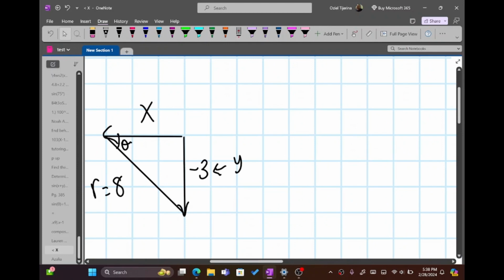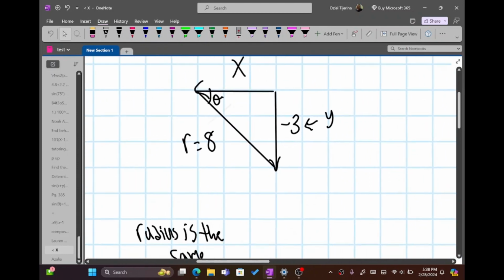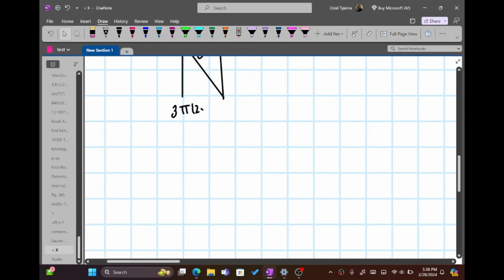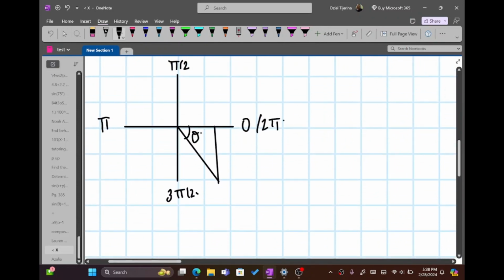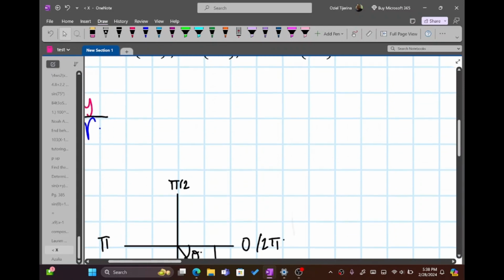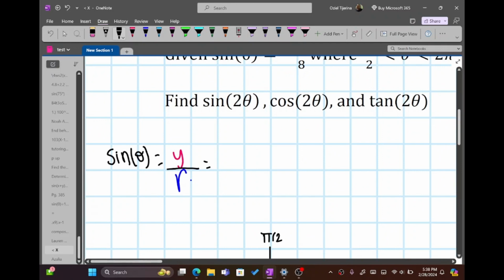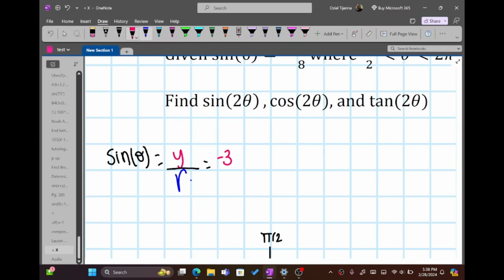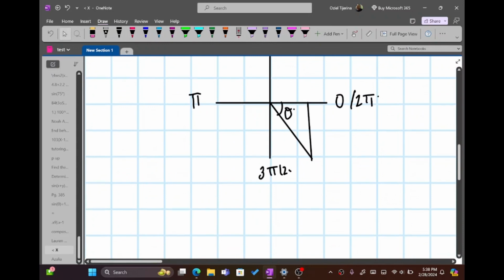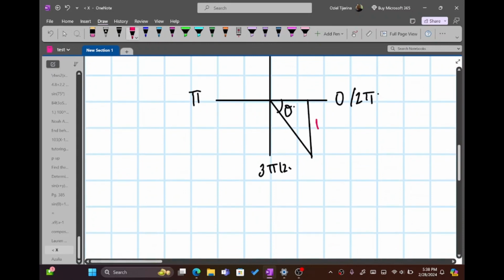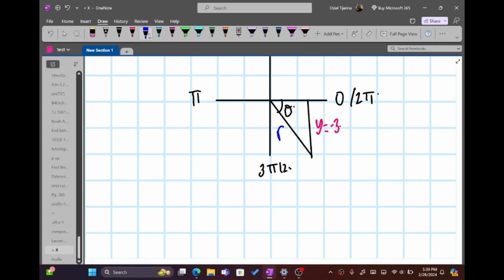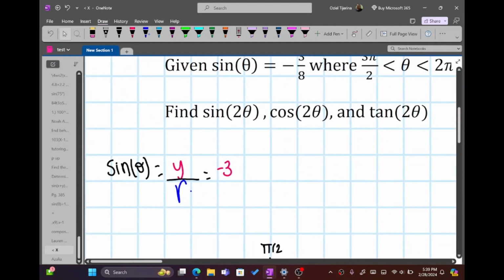Now, it's y over r, so sine theta is -3/8, so really my y term will be -3, so in this case, this is -3, and my r will be the radius, or the hypotenuse. So again, y equals -3, and my radius is whatever this part is, and that was equal to 8.